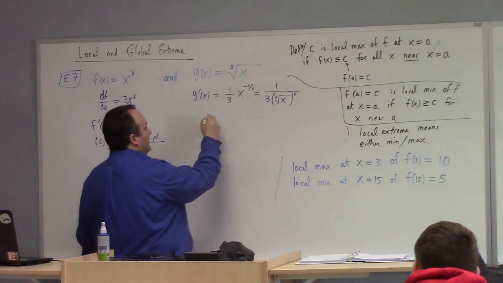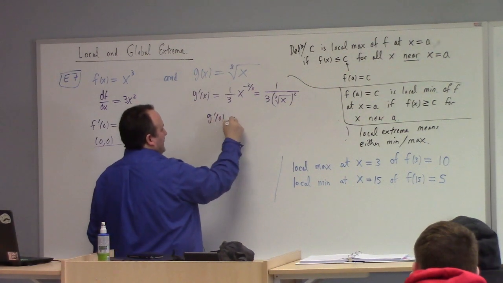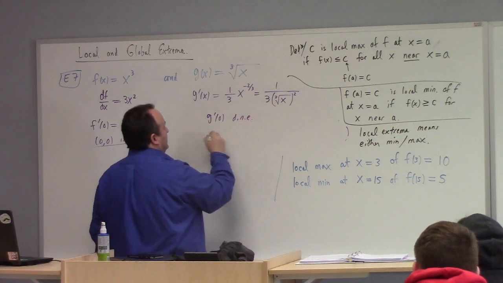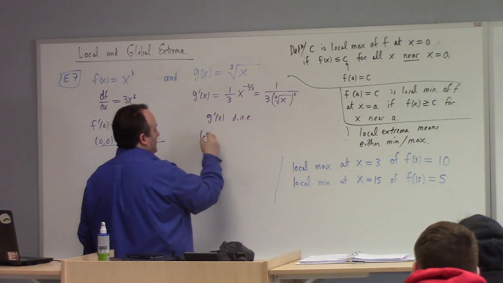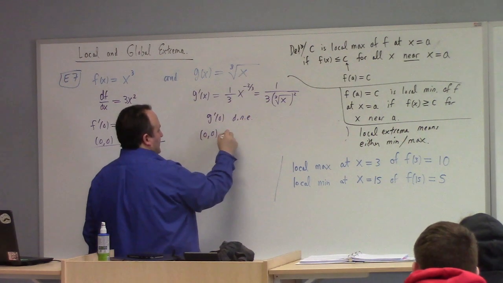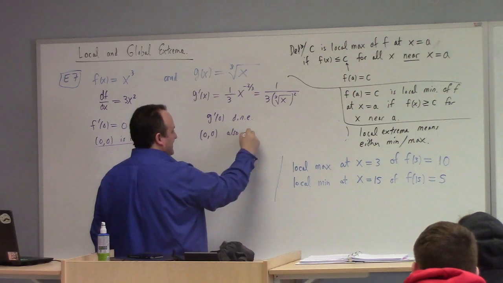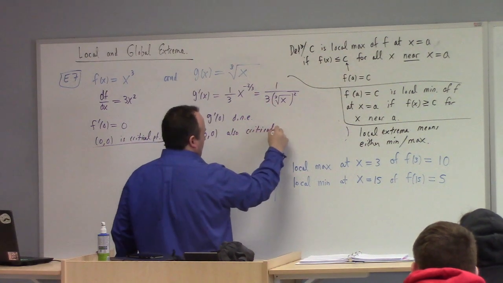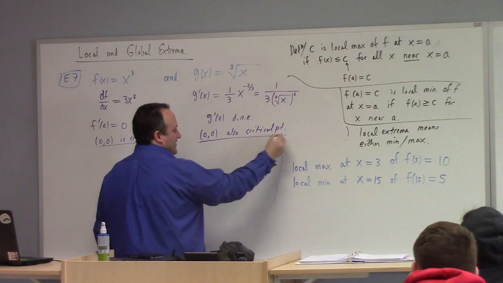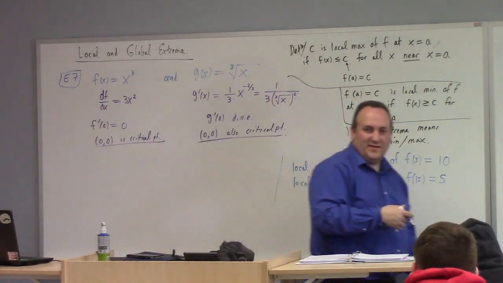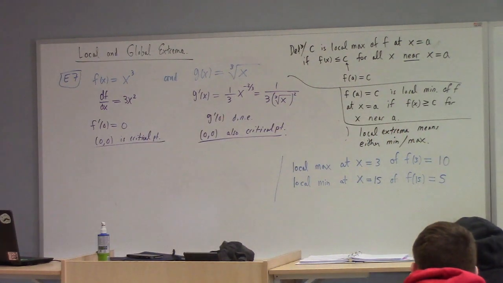Here we have g prime of 0 does not exist. So in fact, 0 comma 0 is also a critical point. Isn't that funny? You can have a critical point where the derivative doesn't exist. I mean, the function exists, but yeah.